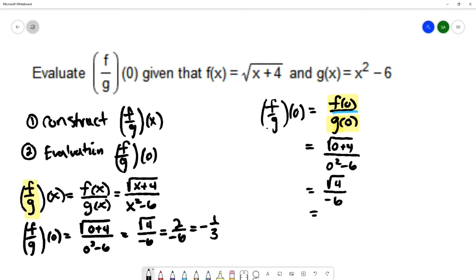Square root of 4 is 2 over negative 6, and then we can reduce to get negative 1/3. So this second method allows you to avoid having to construct that function f over g of x that we did right here. Either method gives us a solution of negative 1/3.